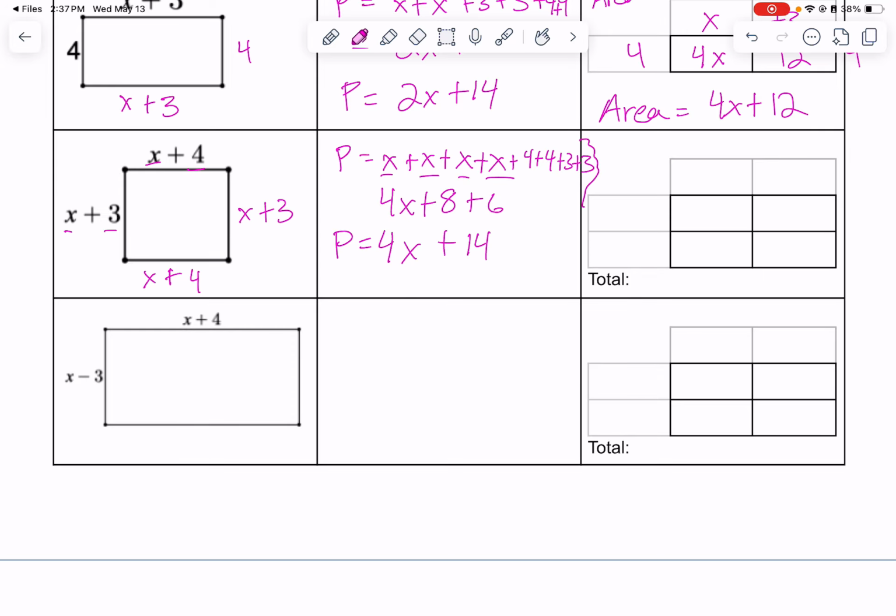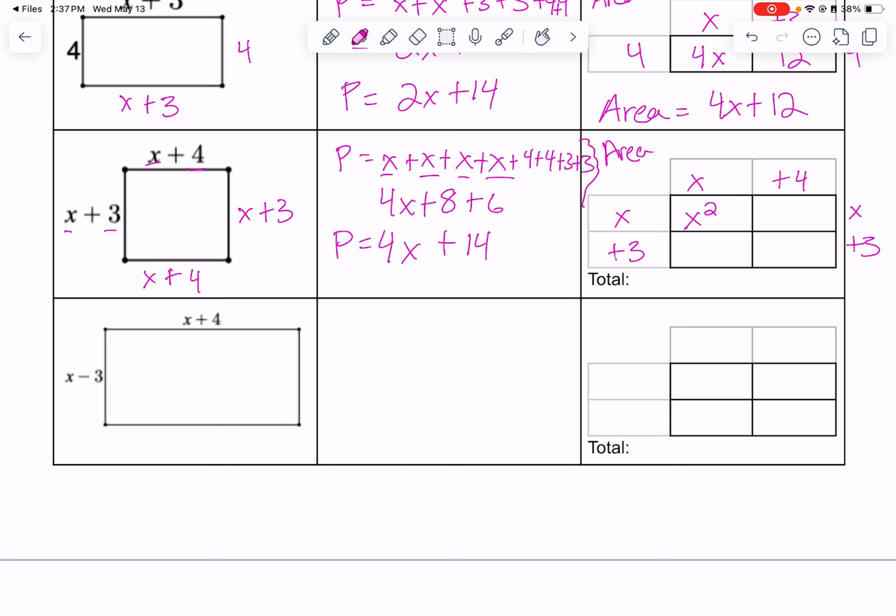Okay, let's look at what area does for us. For this area, I'm going to have an x plus 3 for my vertical and an x plus 4 horizontally. I'm going to go ahead and copy the x and plus 3 on the other side as well, just so I can have it nearby everything. In the top left corner, I'm looking at this x vertical height and this x horizontal length. So when I multiply x times x, that gives me x squared, or x to the power of 2.